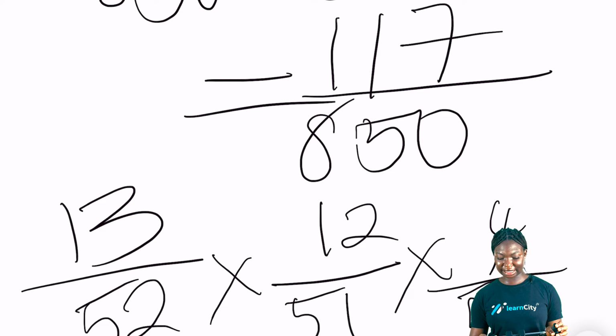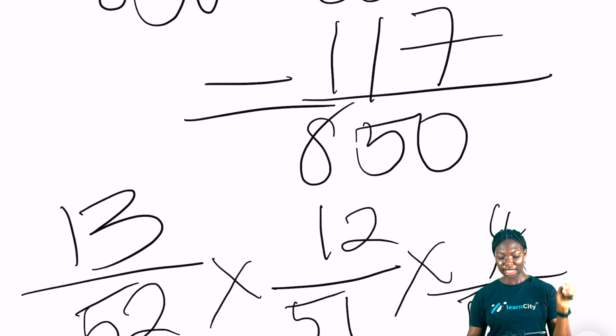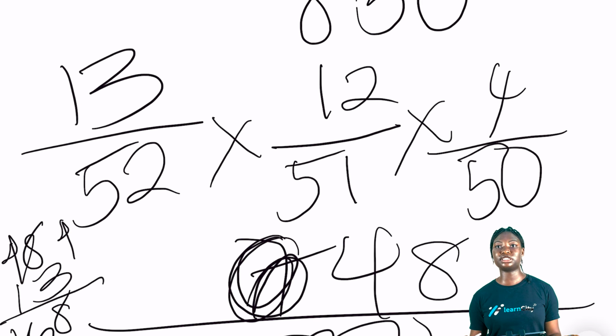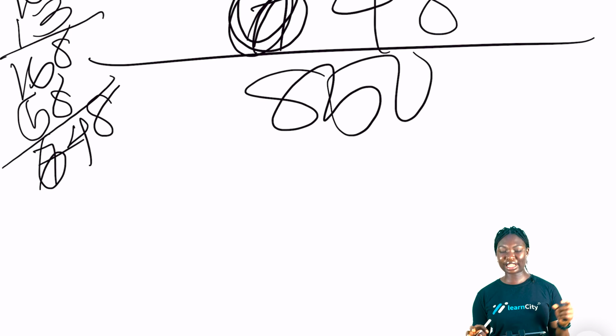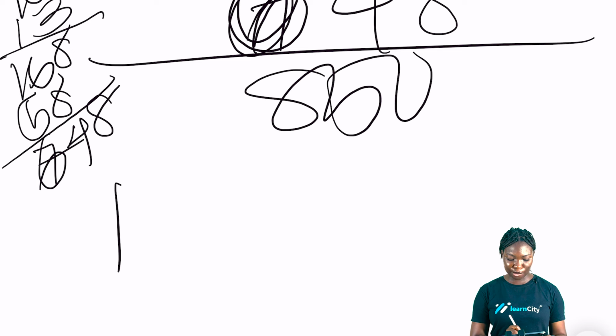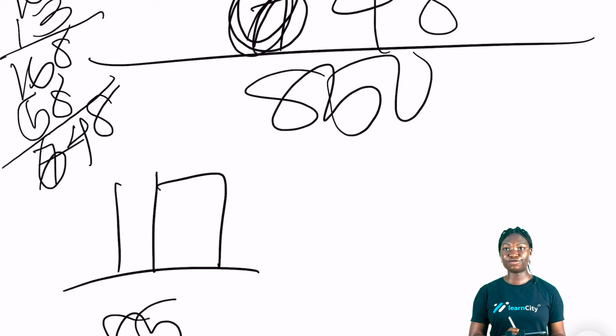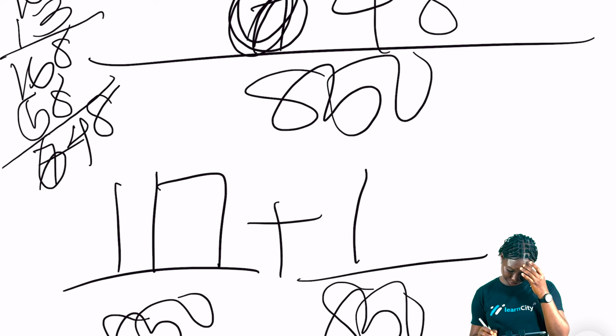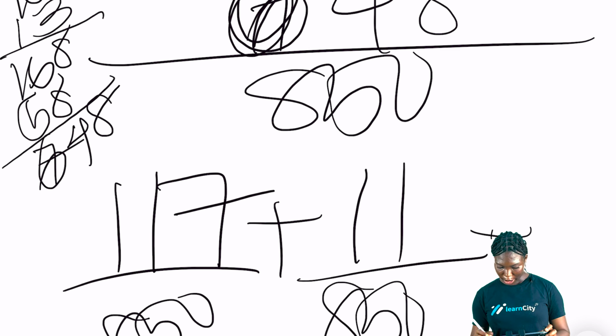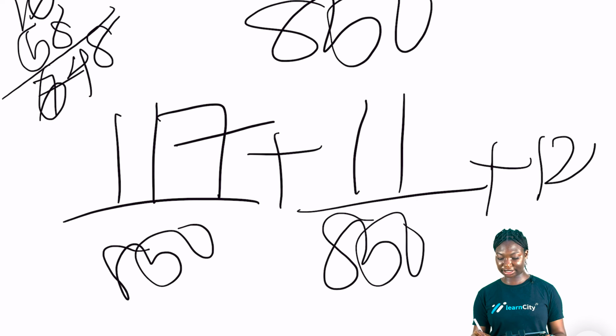So the probability of getting at least 2 spades is 117 over 850. So at most, where we get at most 2 spades, we will now have it to be 12 over 50, 13 over 51. So when we add it together, we'll be getting 117 over 850 plus 11 over 850 plus 128 over 850.